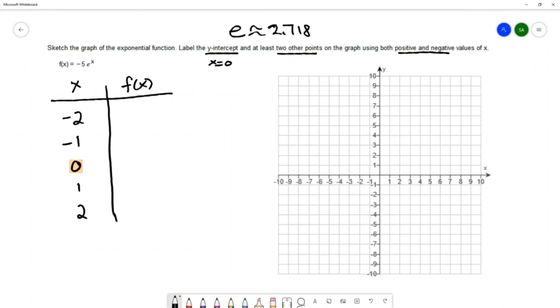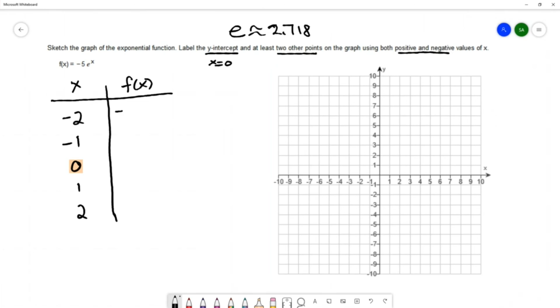So we're going to get our calculator out and find approximate values for the y so that we're going to be able to draw the graph. So let's substitute these values in, and then we will approximate them with the calculator.